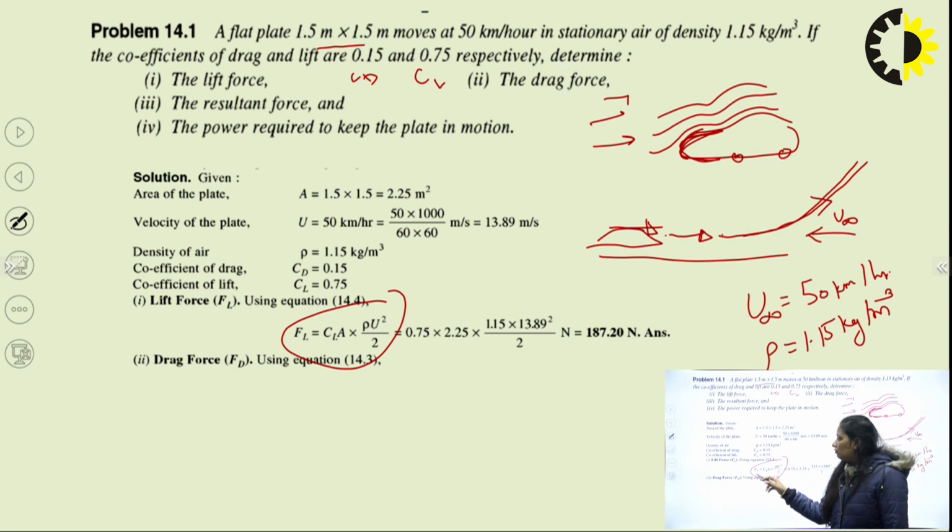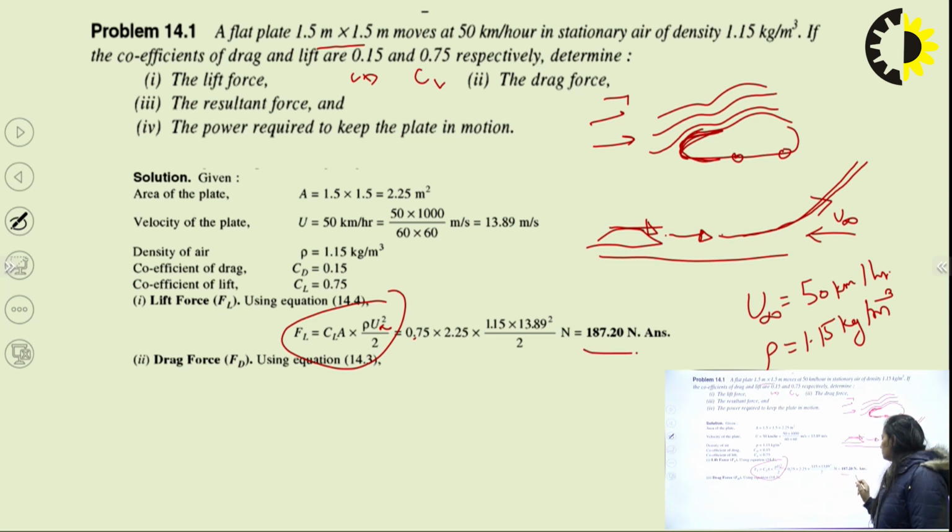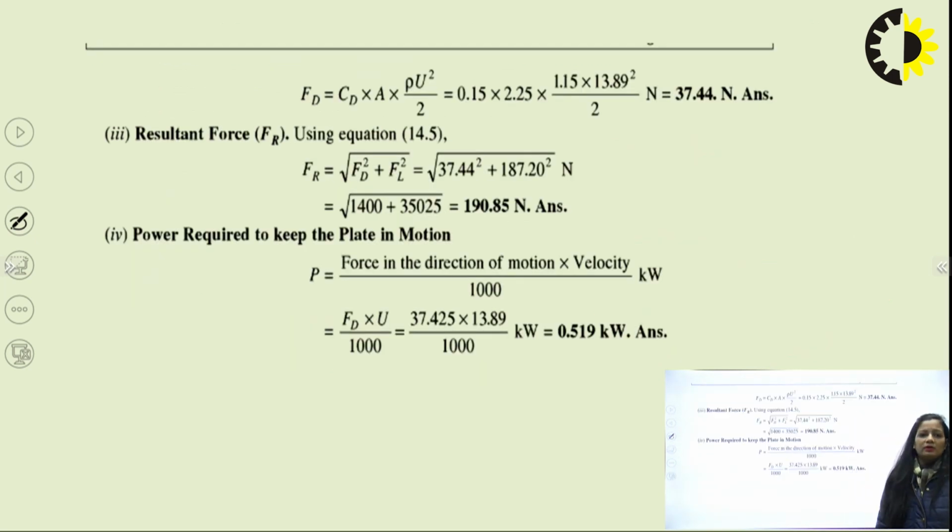So your lift force will be equal to 0.75 multiplied by 2.25 multiplied by 1.15 multiplied by 13.89 square divided by 2. This will come out as 187.20 Newton. Next is the drag force. How are you going to calculate the drag force?